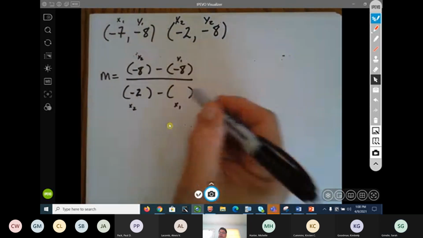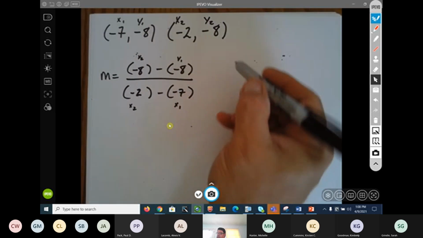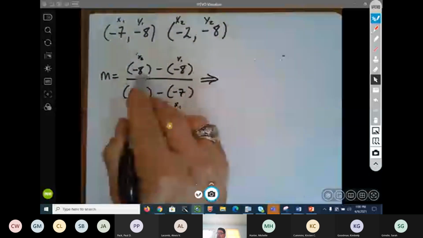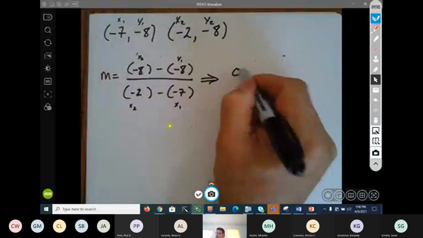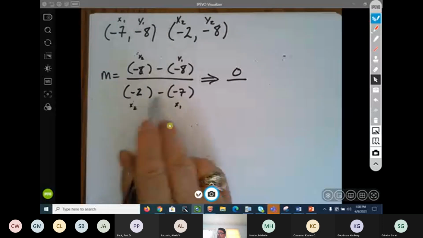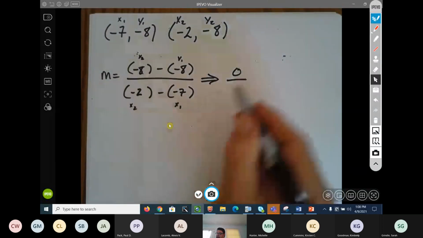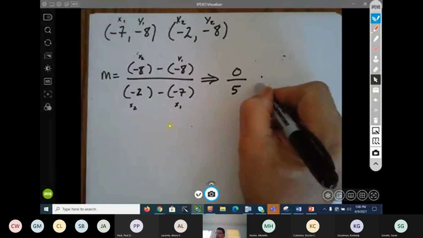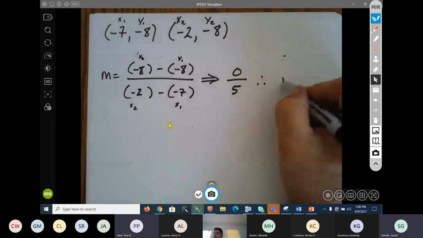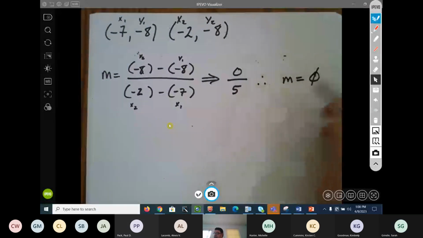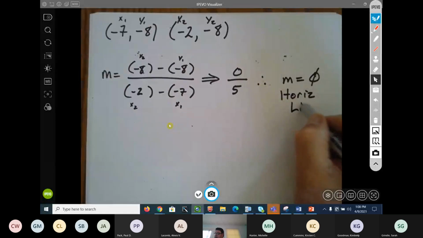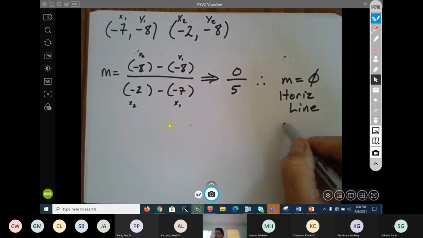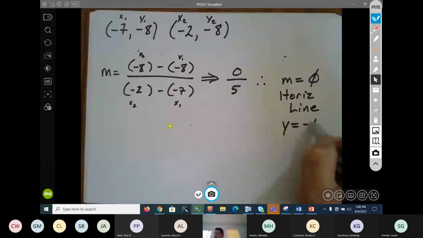X sub 1 is negative 7. Negative 8 plus 8 is equal to 0. Negative 2 plus 7 is equal to 5. Therefore, the slope is equal to 0, which means you've got a horizontal line of y is equal to negative 8.